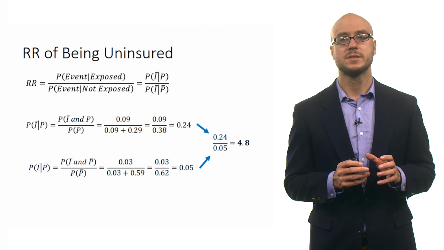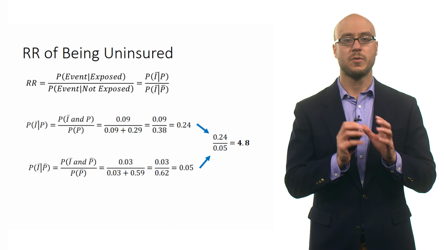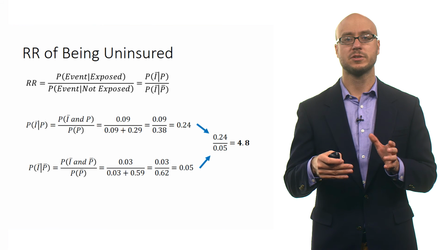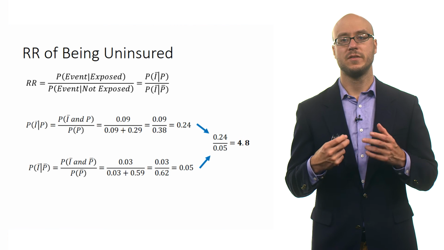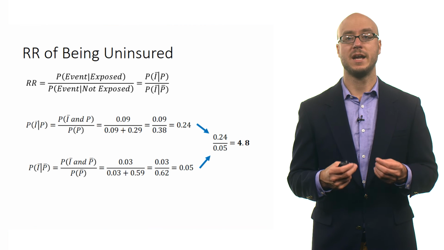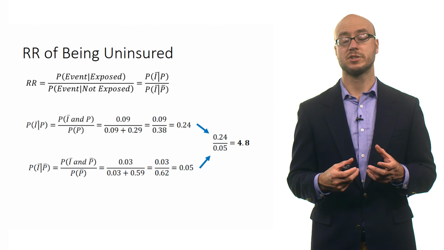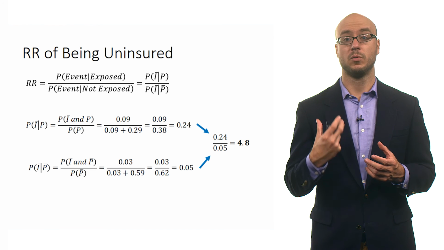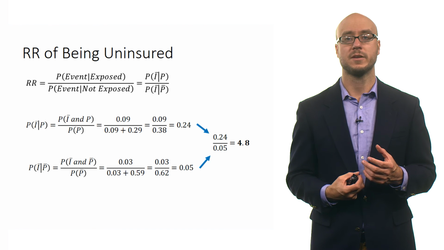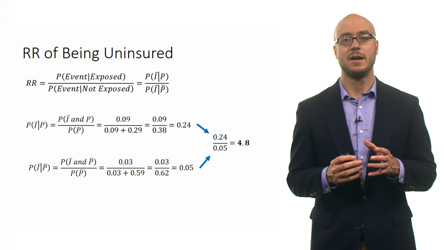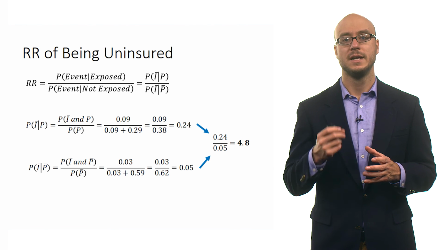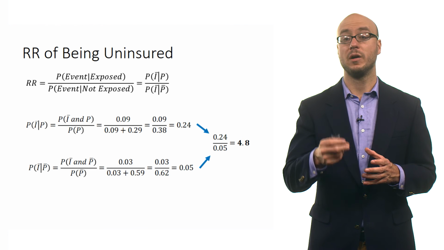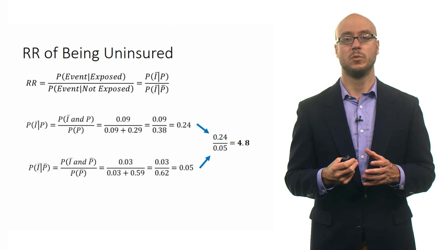So for the relative risk, we want to say the probability of event given exposure divided by the probability of the event given no exposure. So the event here is not having health insurance, and the exposure is being poor or growing up in poverty. So in this case, we're going to calculate the probability of having no health insurance given you're poor, divided by the probability of having no health insurance given you're not poor.